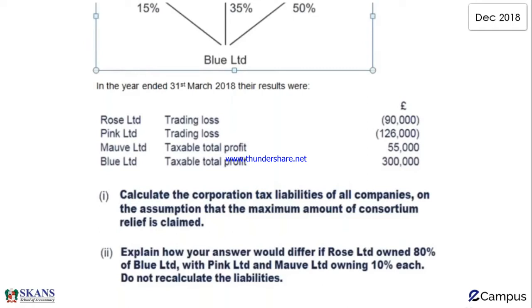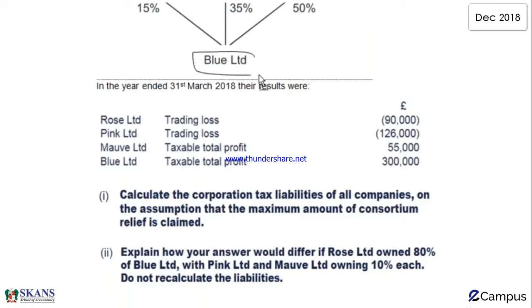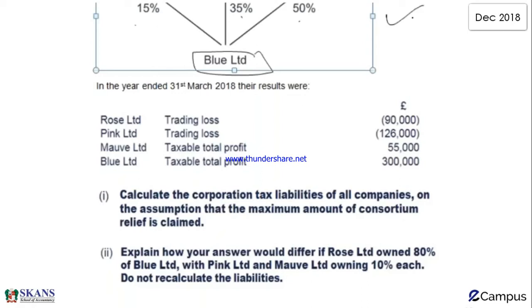Well, first of all, we need to know whether there is a consortium or not. Well, we can see there are 2 or more companies which own shareholding in Blue Limited. Their combined shareholding, 50 plus 35 is 85, plus 15, is 100%, and their individual shareholding is not more than 74 or less than 5%. So yes, a consortium does exist.